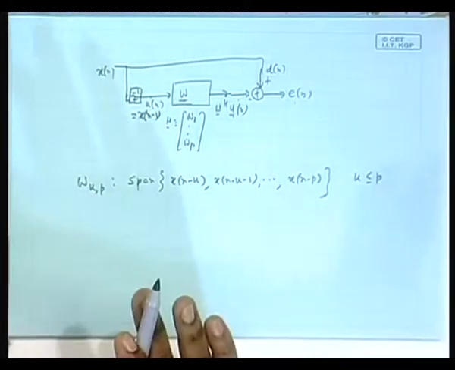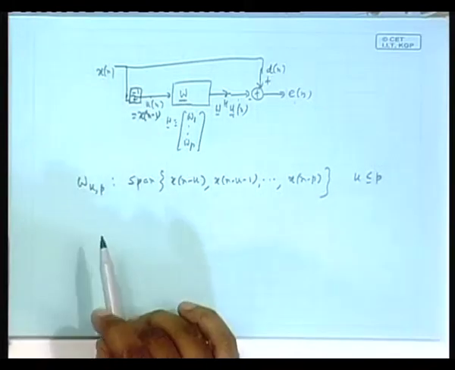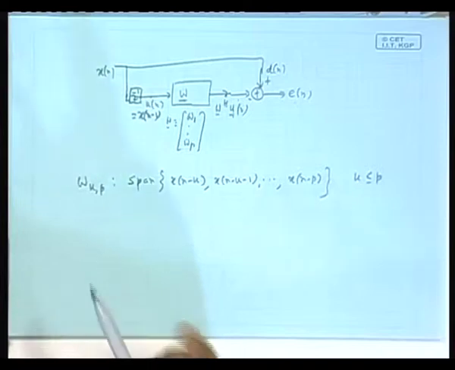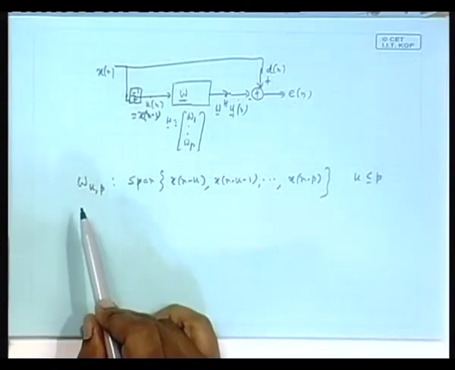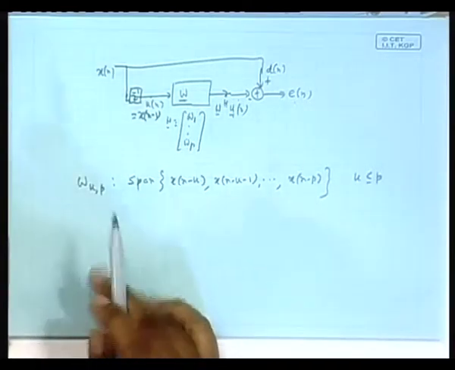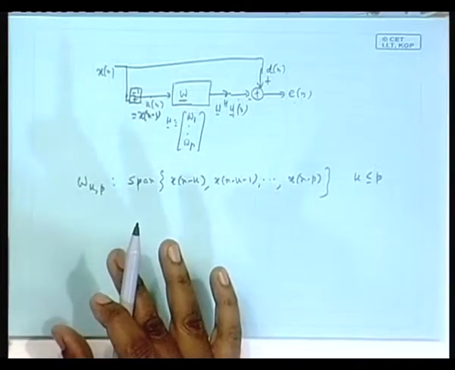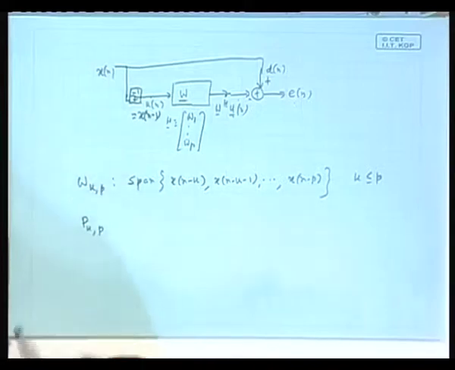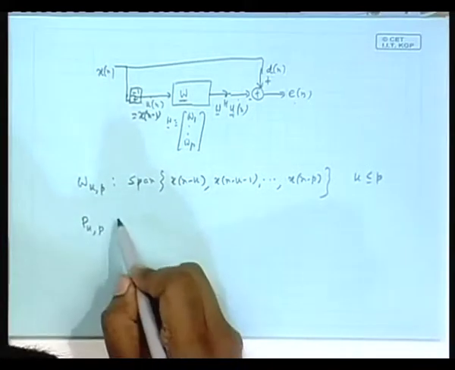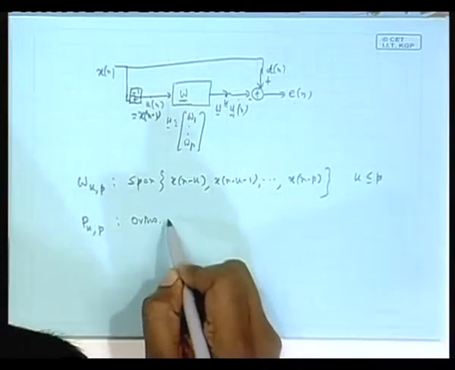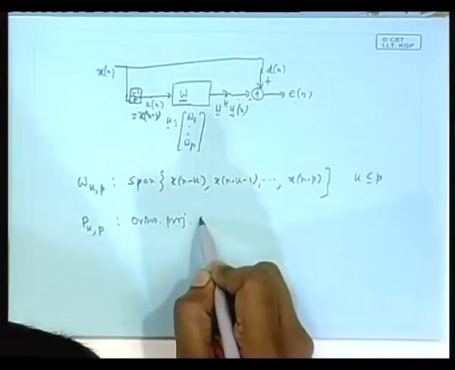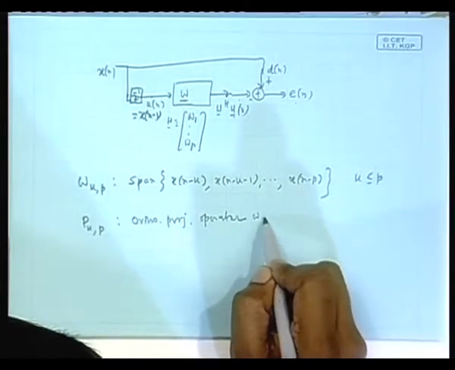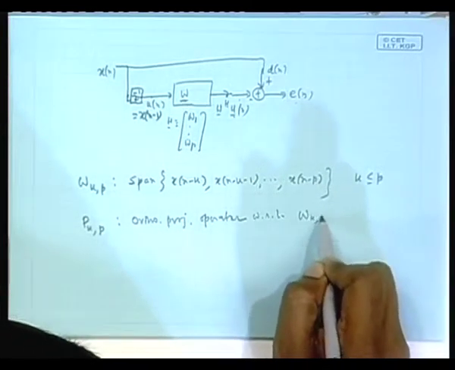That operator also is unique, because for any vector it gives you only one output component. I denote it as P K P, the orthogonal projection operator with respect to the given W K P.